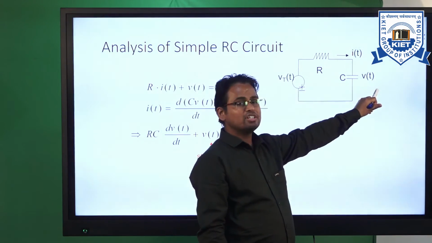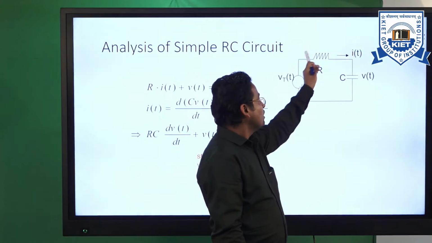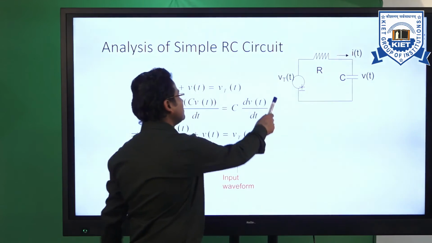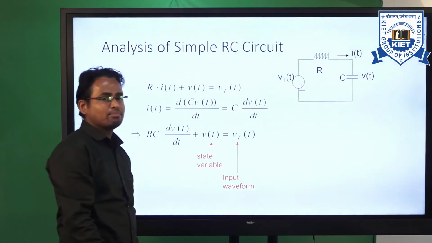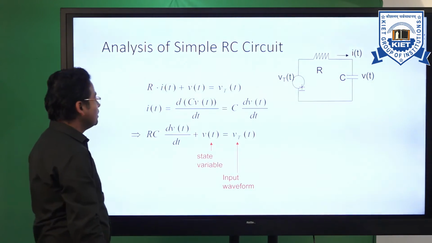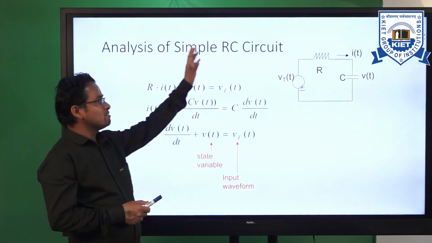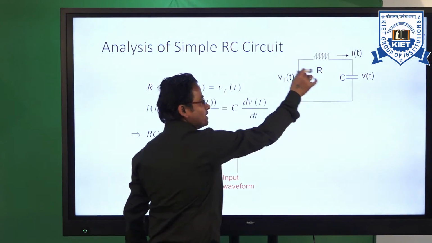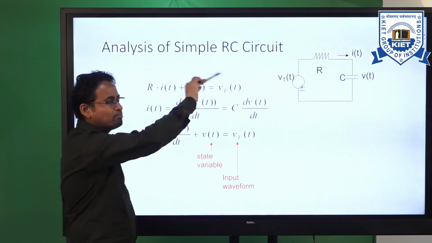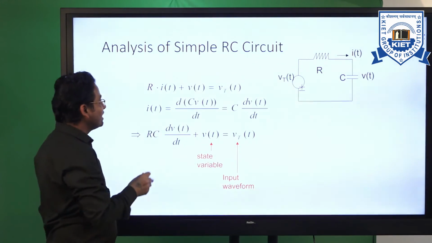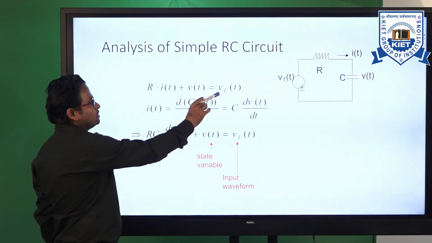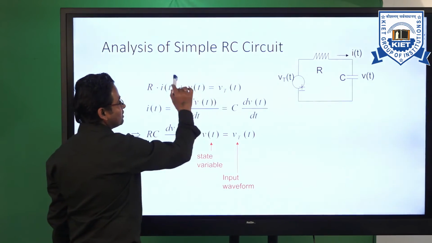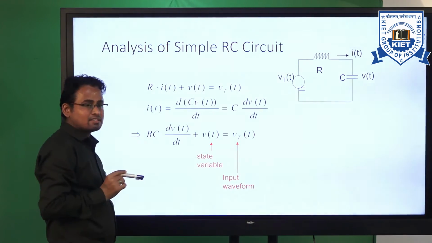The capacitance has voltage value v(t), with current i(t), and the applied voltage is V subscript capital T. Clear? Now if we have a simple RC circuit, then apply Kirchhoff's voltage law, or mesh analysis. So we will get R i(t) plus v(t) is equal to v(t) of small t. That is Kirchhoff's voltage law analysis.